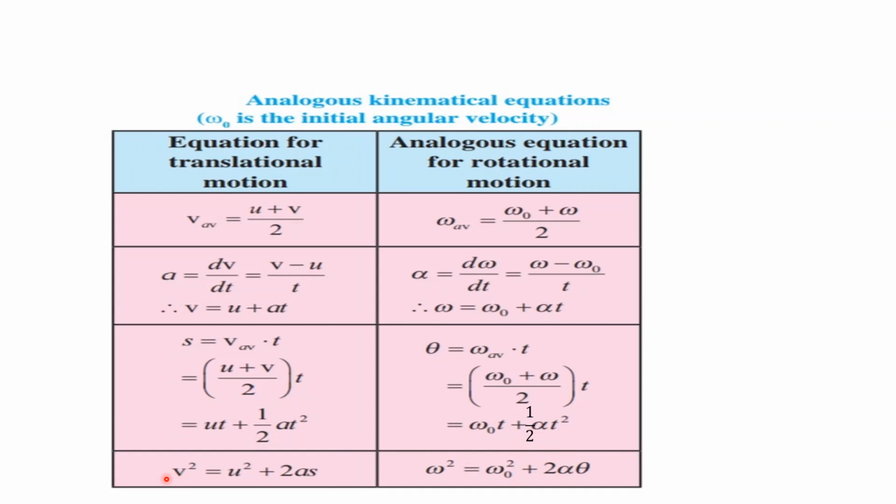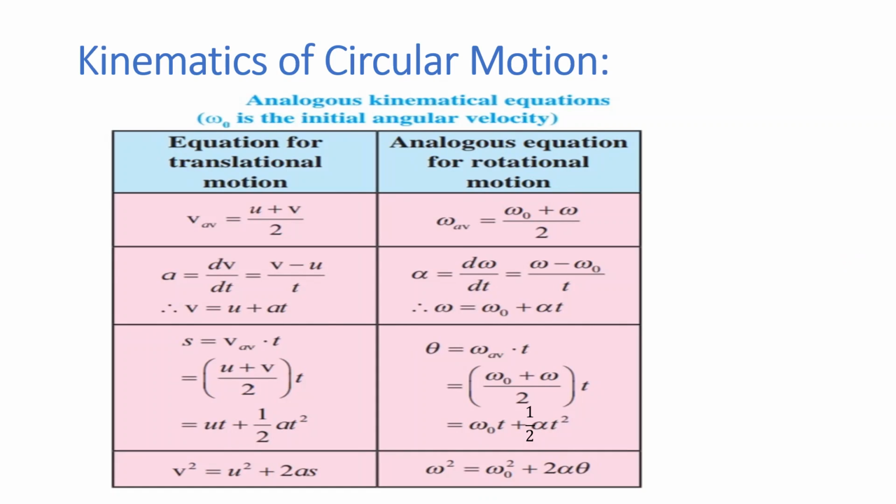And this is the third kinematic equation, that is v square is equal to u square plus 2as in a translation motion. In a rotational motion we can write omega square is equal to omega naught square plus 2 alpha theta. This is the kinematics of circular motion, how the equations are analogous to each other.